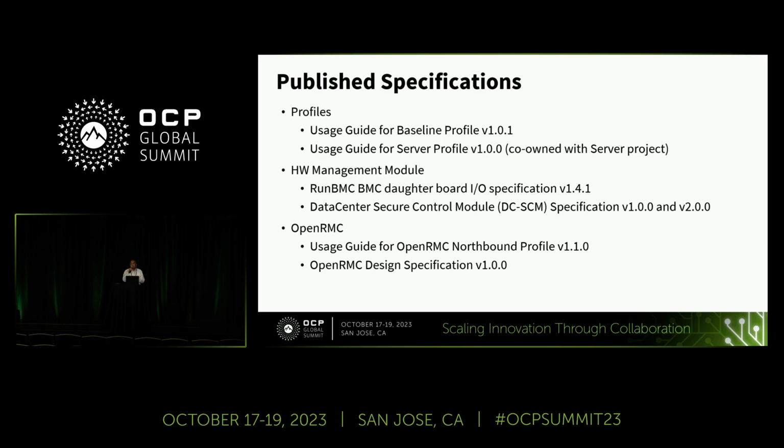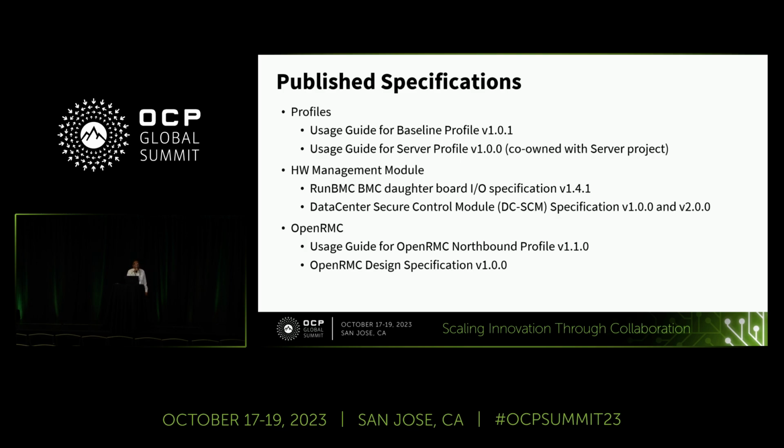And then for a specific domain, one can specialize from this baseline profile to add more capabilities. So that's on profiles. For hardware management modules, there are two things. Run BMC, which is the BMC daughter card IO spec, which has been published, and it has gone through several minor updates, which is a fairly mature spec at this point.